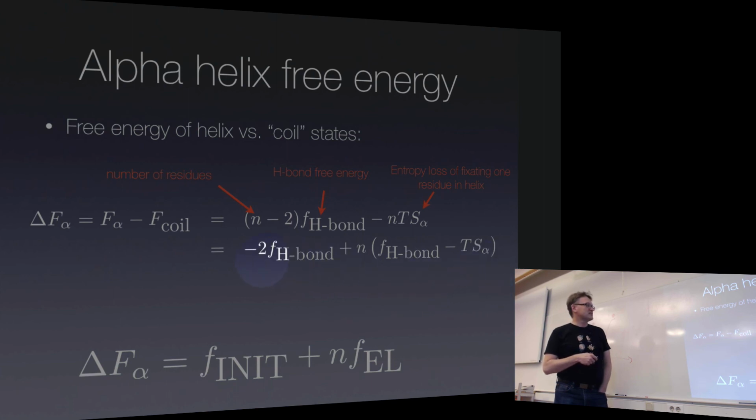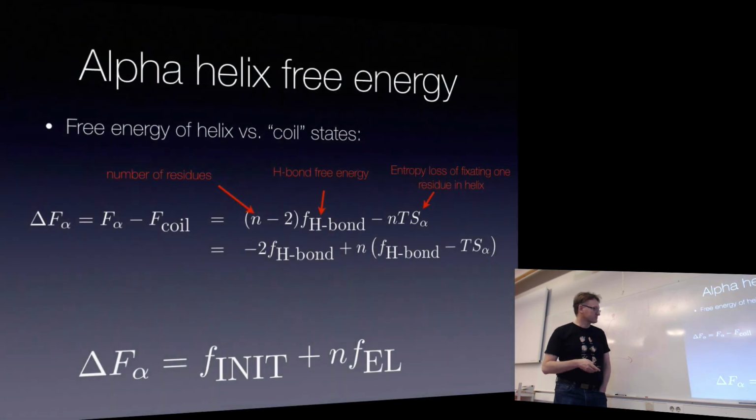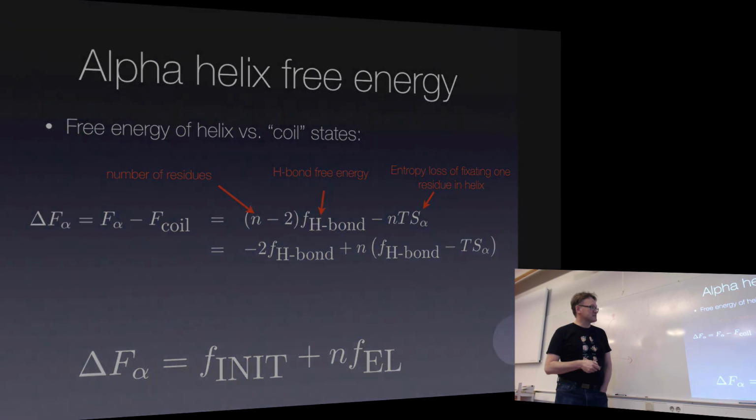And we can choose that this is some sort of initiation free energy that I'm always paying, F_init. And then this is some sort of free energy corresponding to elongation when I'm increasing the length of the alpha helix. I can separate that into the elongation per residue multiplied by the number of residues.